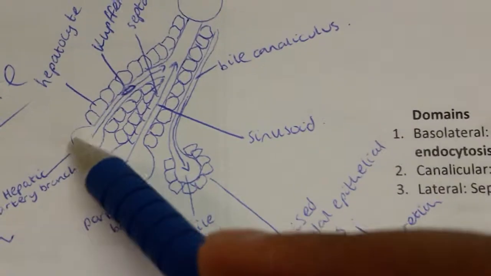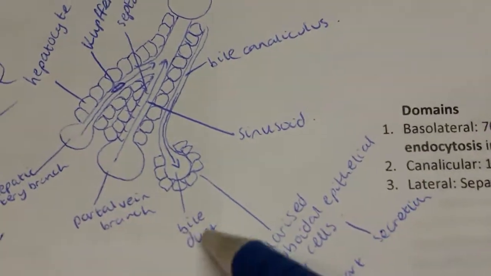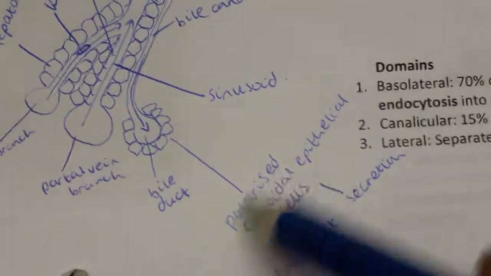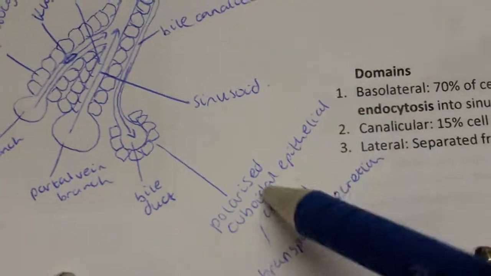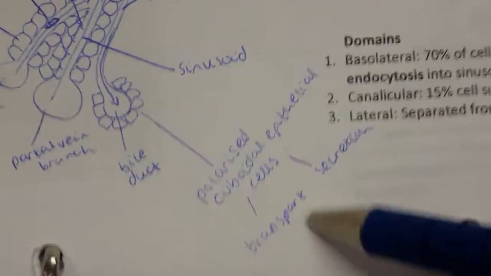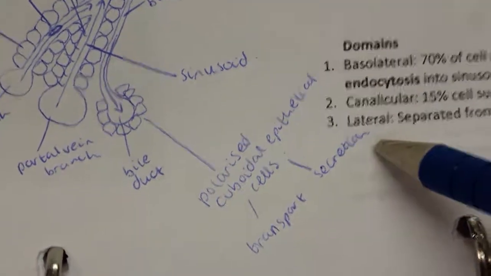So that's the vessel's squamous epithelium. However, the bile duct is lined by polarized cuboidal epithelial cells, and these are for transport and secretion.